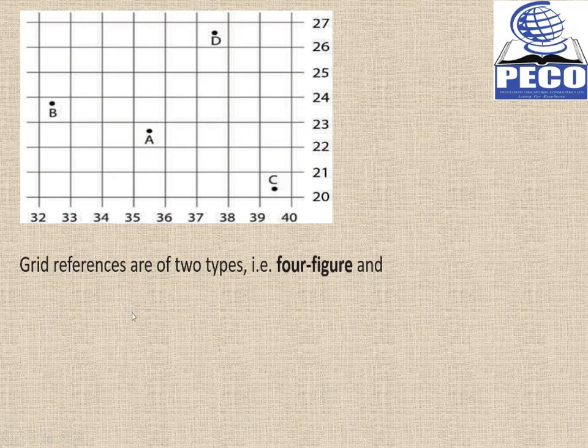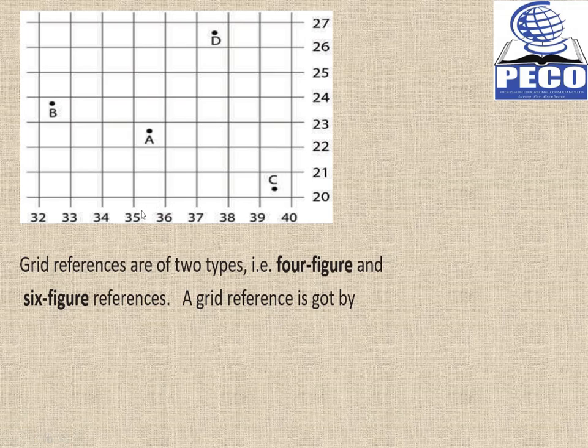The grid reference figures are of two types. We have what we call the 4-figure grid reference and the 6-figure grid reference. The 4-figure grid reference takes into account this grid line value and that grid line value.